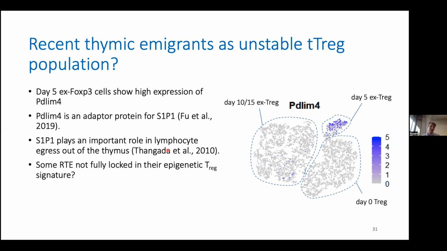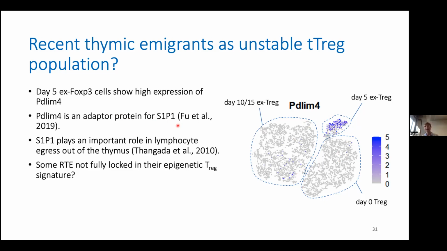We had another reason for that. We performed single-cell RNA-seq, and another observation that came from that is that PDLIM4 is highly enriched in the early X-Treg compartment and the day 5 X-Treg, while you would barely find it later on. PDLIM4 is interesting because it's an adapter protein for S1P1, and S1P1 is required for egress from secondary lymphoid organs, from lymph nodes, but it is also required for egress from the thymus.